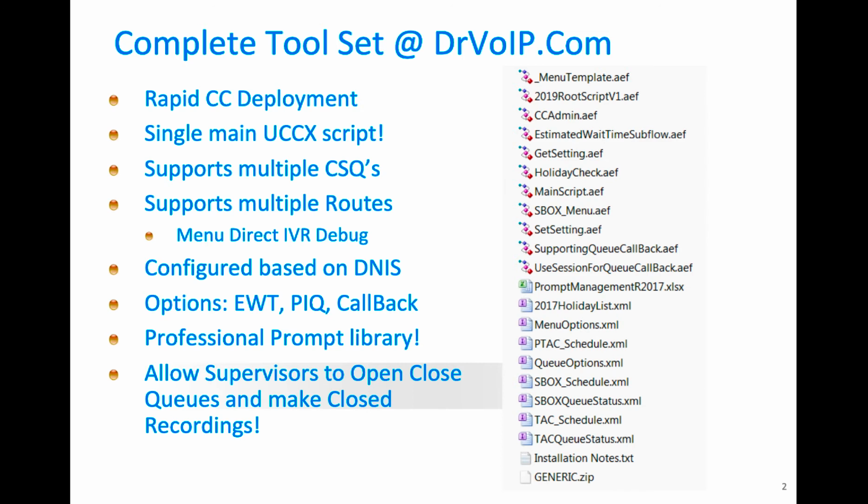And we grab that DNIS number and we use it to index a file called Q options, which I'll detail here shortly. So we're able to support multiple CSQs.